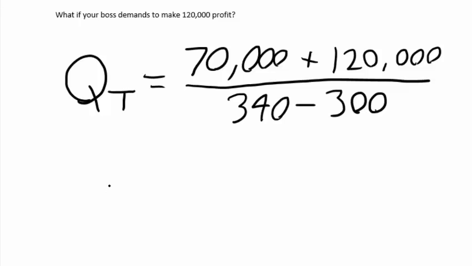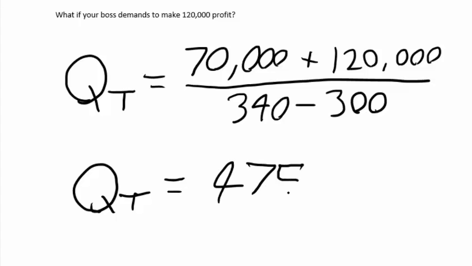And if we plug this into a calculator, we get a quantity to reach the target of 4,750. So in order to reach a target of 120,000, we would have to produce 4,750 units of whatever we are producing.